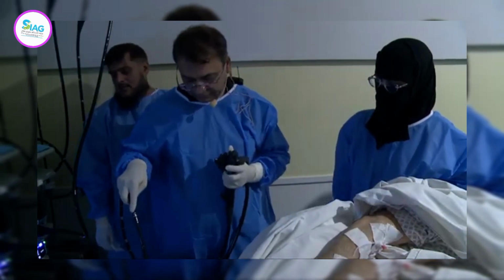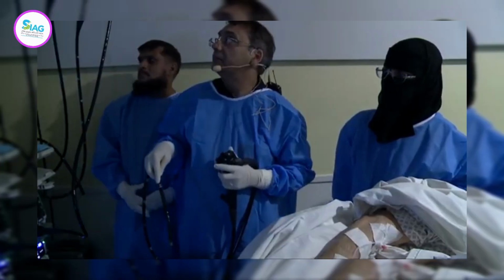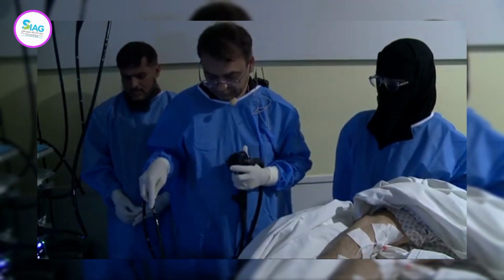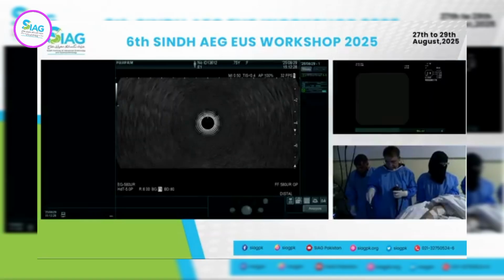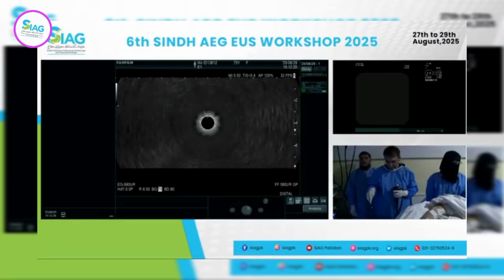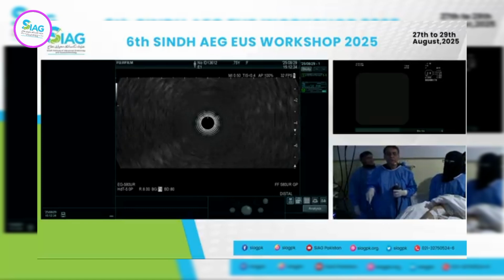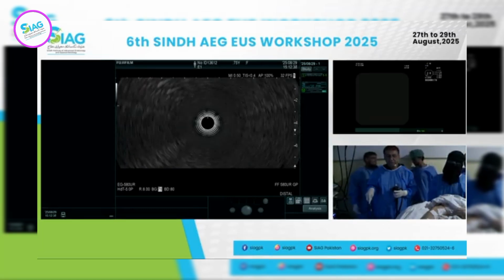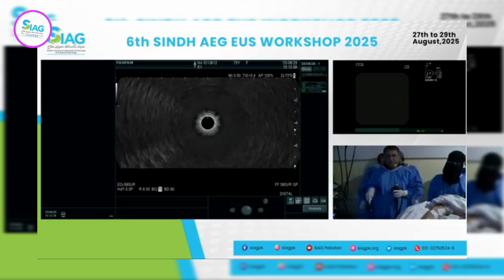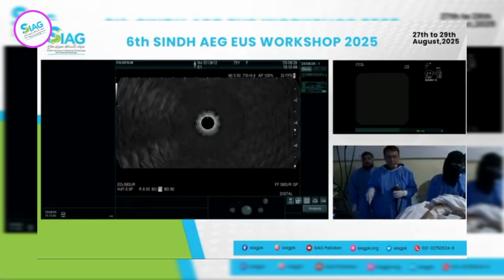So we have a 75 years old female patient with history of altered bowel habits and bleeding per rectum for 3 months. Her CT scan and MRI pelvis are suggestive of a circumferential mural thickening involving the rectum and anal canal, and the maximum wall thickness is measuring 16 millimeter. There is thickened mesorectal fascia with enlarged lymph nodes.